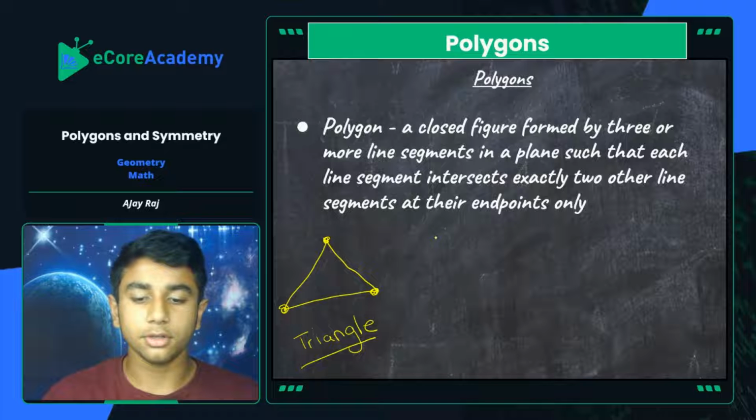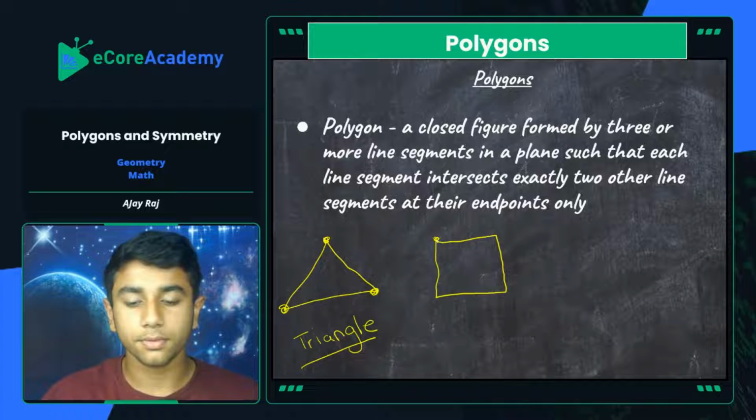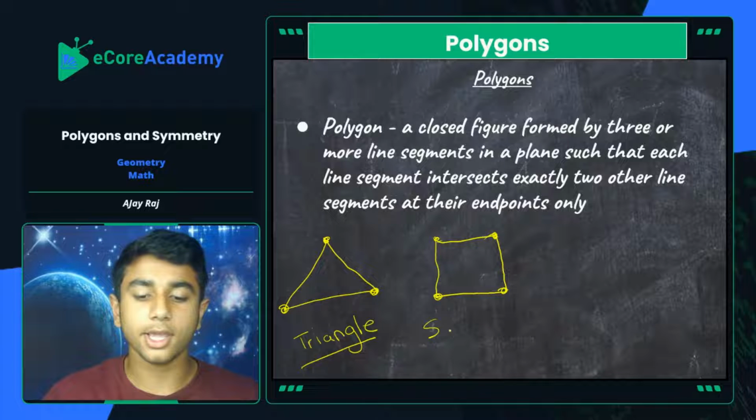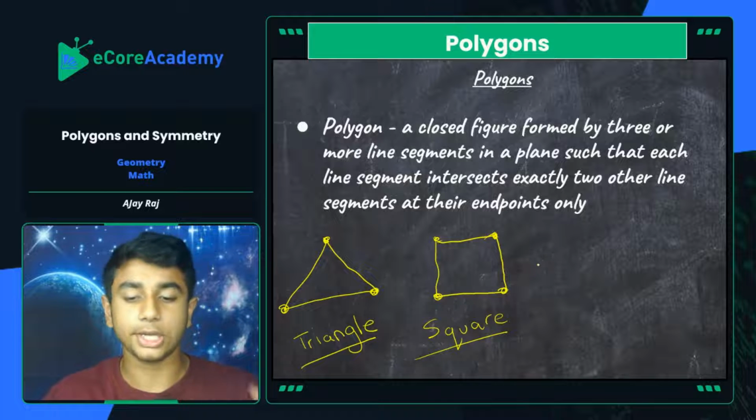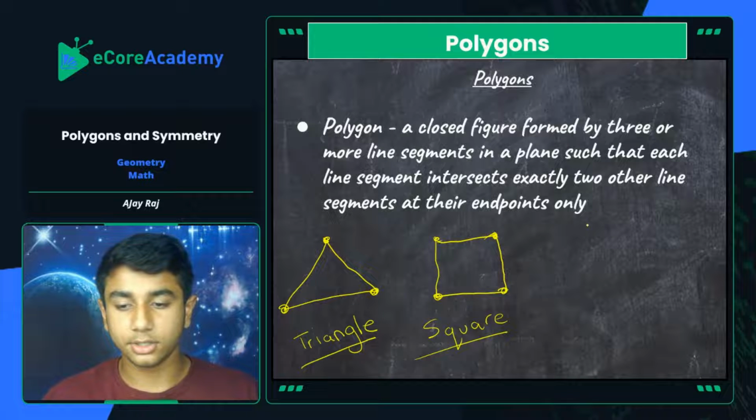And then we have a square here. The square has 4 equal sides and 4 right angles, so 4 sides and 4 angles.